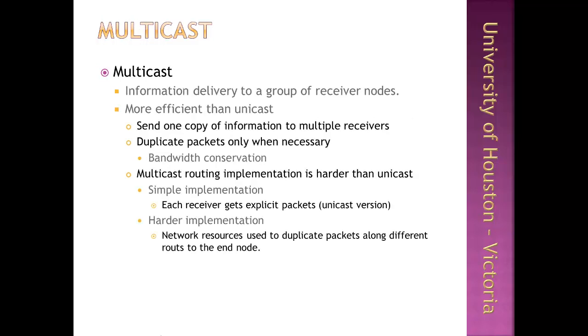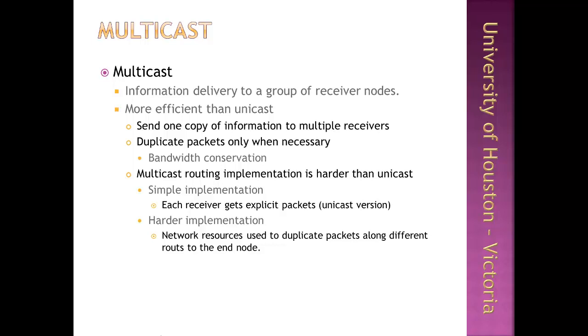Multicast is a term used for information delivery to a group of destinations simultaneously over a network. This is more efficient than unicast because it delivers messages to each of the receivers by sending only one copy of the information. The network duplicates the packets only when necessary. Therefore, this conserves bandwidth.